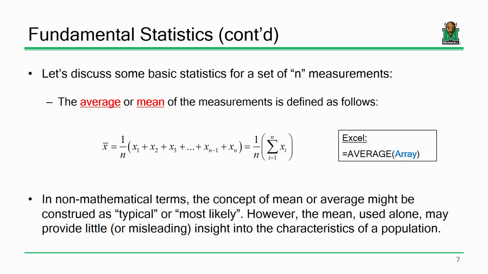I get the feeling some of you have never seen this notation before. How many of you have seen this before? Okay, most of you, that's good. If you haven't seen it, anytime you see this big E-looking thing, that is actually the capital Greek letter sigma, and it represents what's called summation notation.